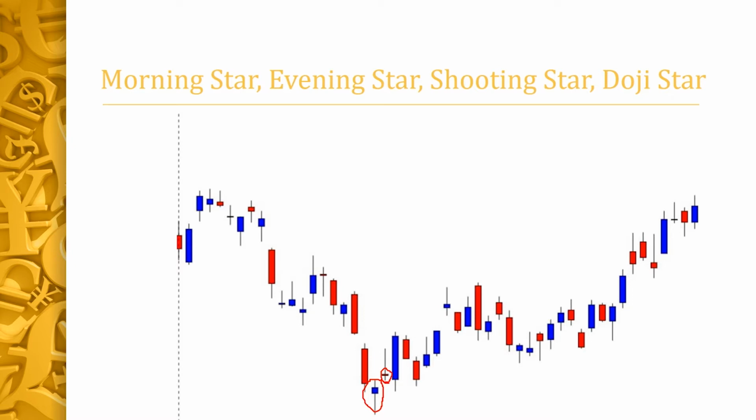Doji stars are the same as the evening and the morning star, and there are so-called shooting Doji stars, and they look the same as those I showed you before, but they open and close at the same level, as you see on this candle here.